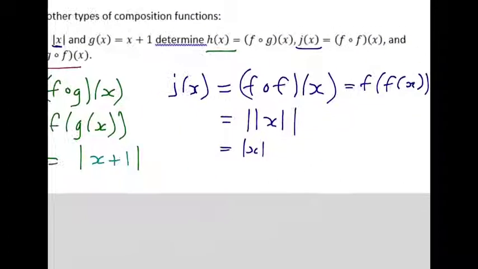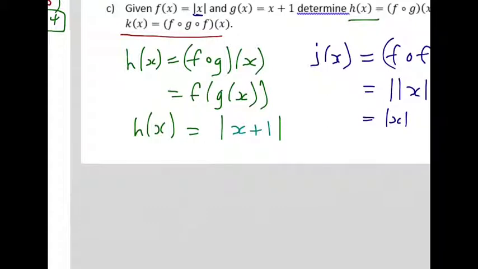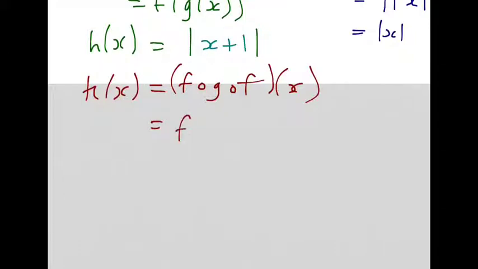Okay. And then here's a triple doozy going on here. But we just follow what we'd been doing all along. Okay, so k of x, we're going to have f composed with g composed with f of x. Fog off. Sure. So there's lots of brackets going on here.